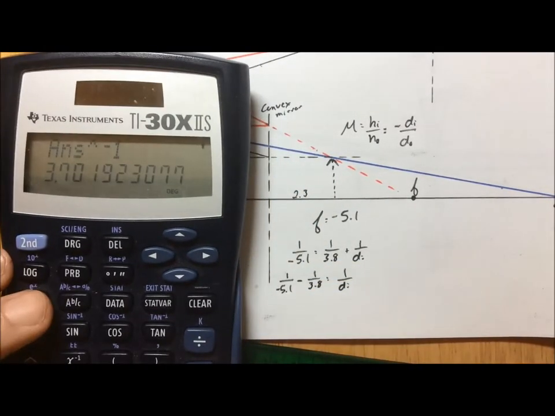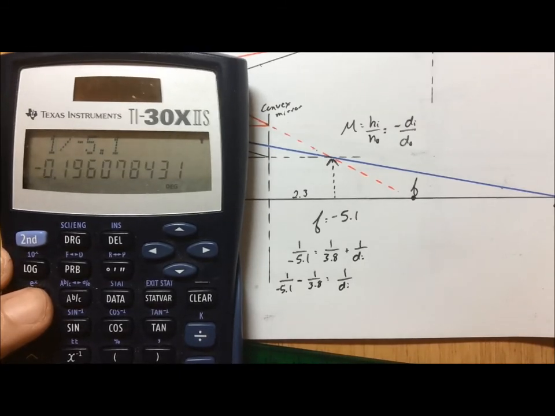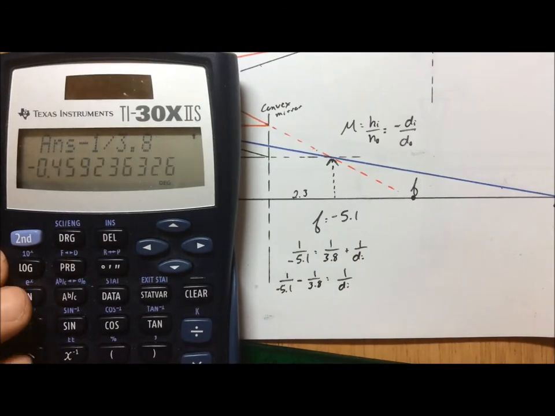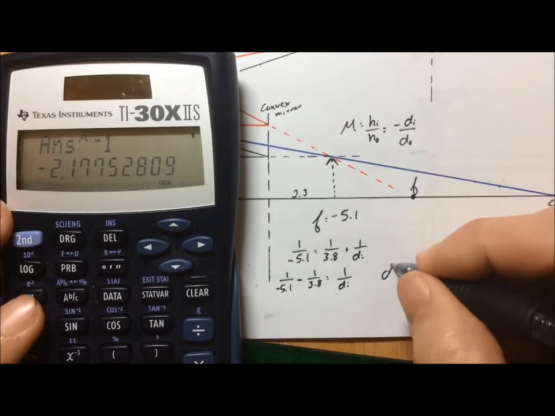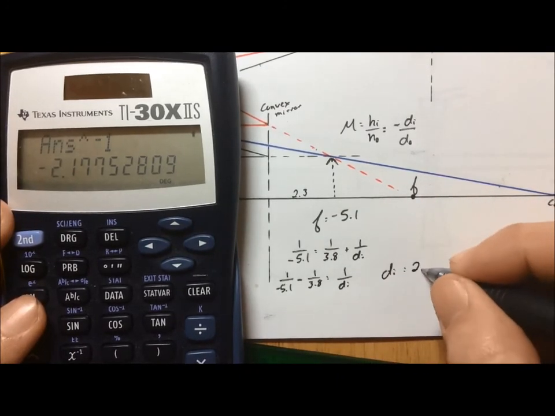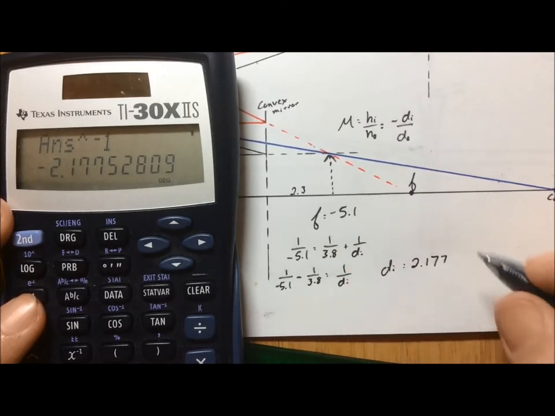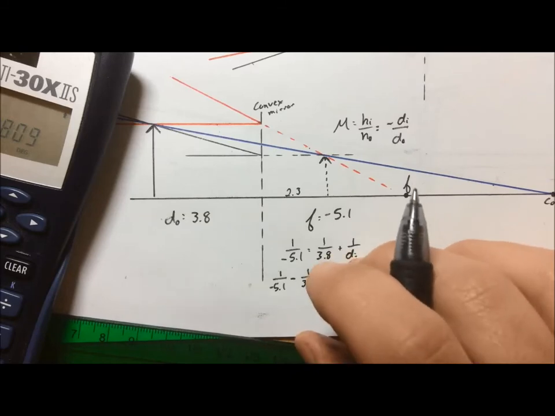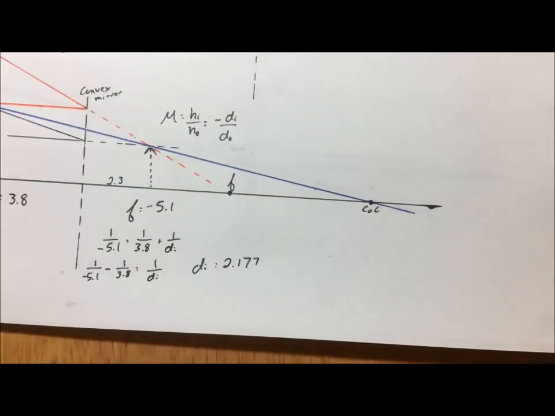Enter, and to the negative 1 power gives me about 2.1-ish for di, or 2.177. I'll take the extra because, you know, we're supposed to get 2.3. So we're pretty close. Not bad, but not exactly on there. That's what you get whenever you draw.